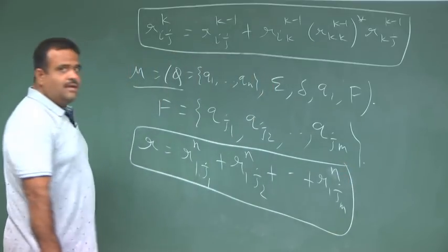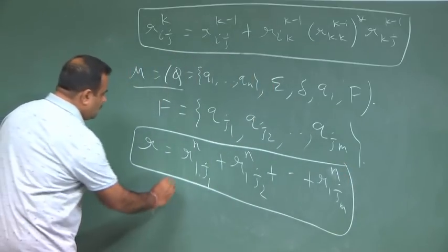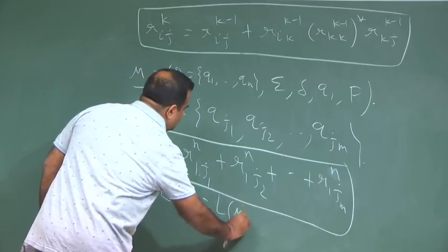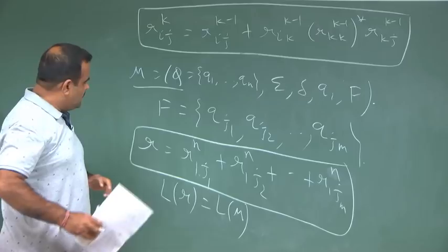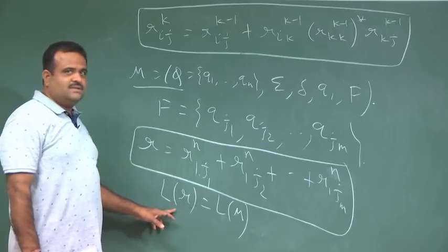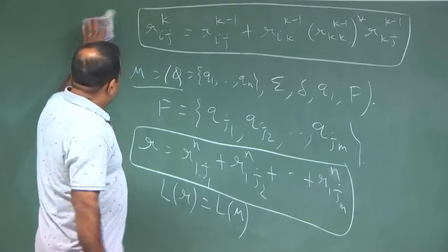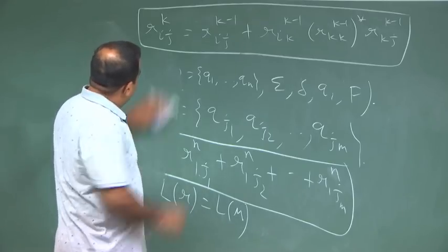So, this is the regular expression we are looking for, such that L of r is equal to L of M. The language accepted by this DFA is the same as the language of this regular expression. So, we will take some example.